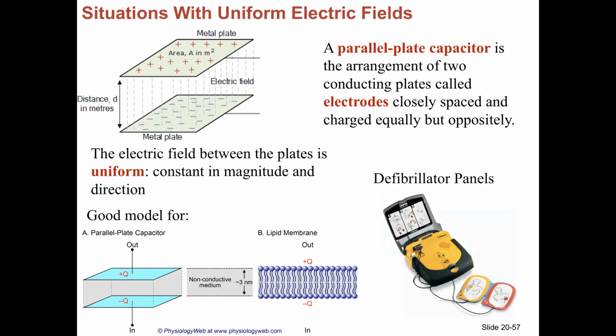If you need to restart someone's heart with an electric jolt, the 2 panels on a defibrillator can be thought of like parallel plate capacitors, where one plate has a lot of positive charge, the other plate has a lot of negative charge, and there's a big field between them. When you touch them to a person's body, the charge accelerates through the body due to that electric field.